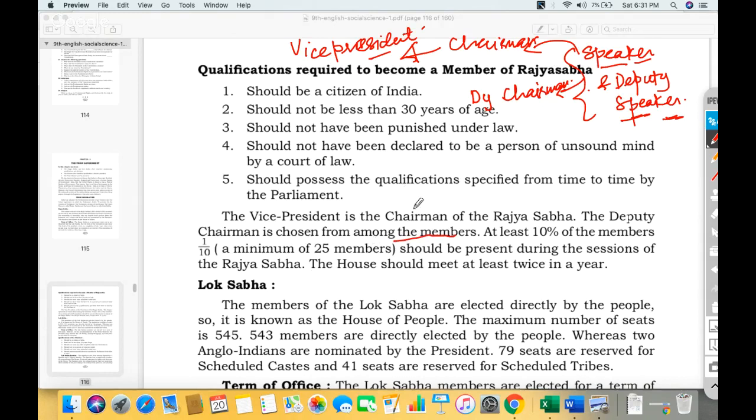So very clearly understand in one go, chairman of Rajya Sabha is vice president, and vice president is not a member of Rajya Sabha. So out of speaker, deputy chairman and chairman, only chairman is not the member of parliament.